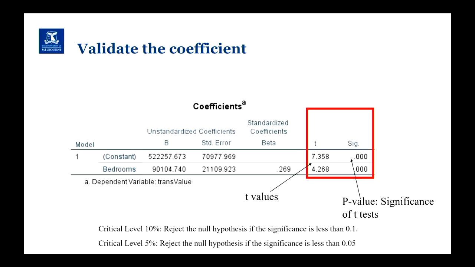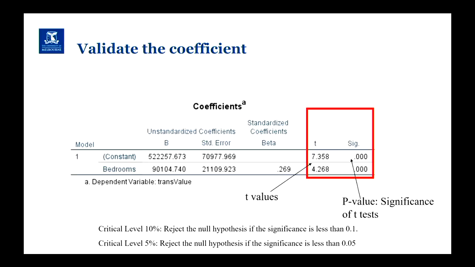Anyone can guess? We should reject the null hypothesis. The null hypothesis is 0. And here we reject the null hypothesis. That means we accept that the coefficients are not 0, which means they are significant. So these two values are significant.